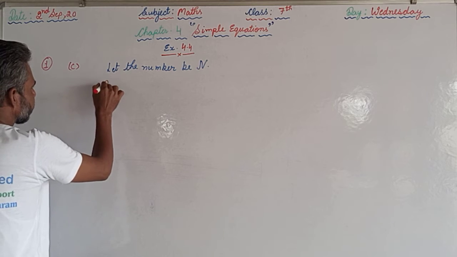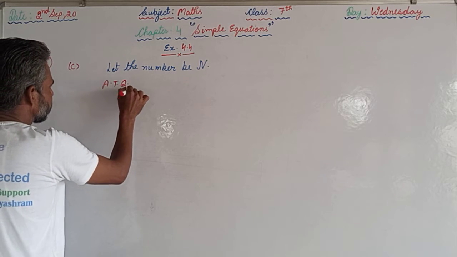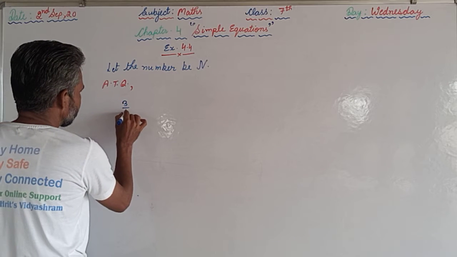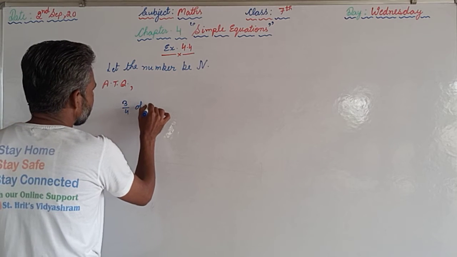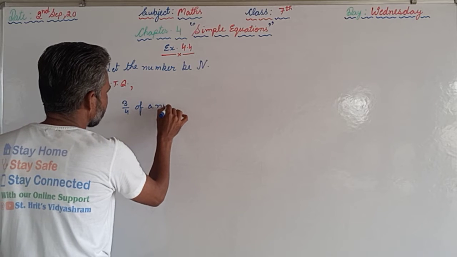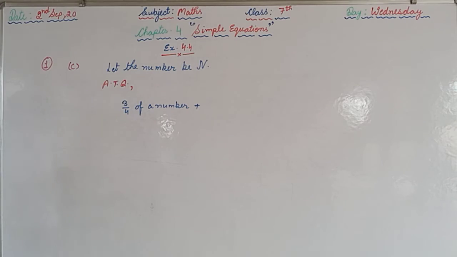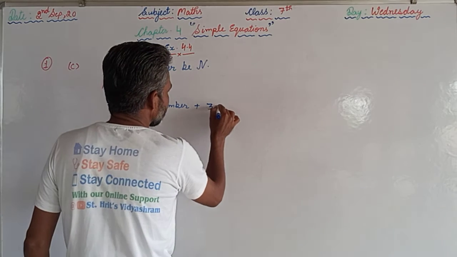Then according to the question, let the number be n, and here it is given: if I take 3/4 of a number, and add 3 to it, I get 21.